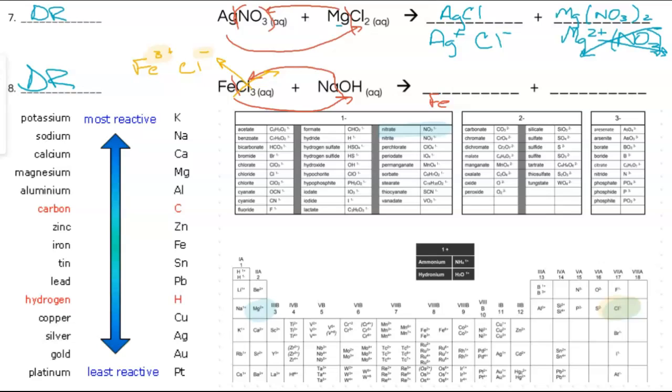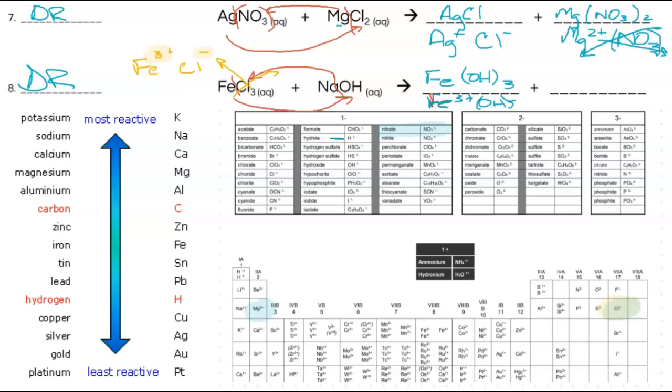So over here, I've got iron with a 3 charge, and I look up OH. OH is located right here, and OH is a -1 charge. So when I crisscross reduce, Fe, parentheses, OH, close parentheses, and the 3 goes outside. Any of your polyatomic ions have to have those parentheses around them.